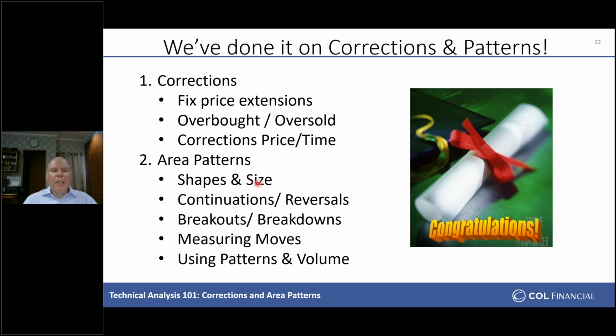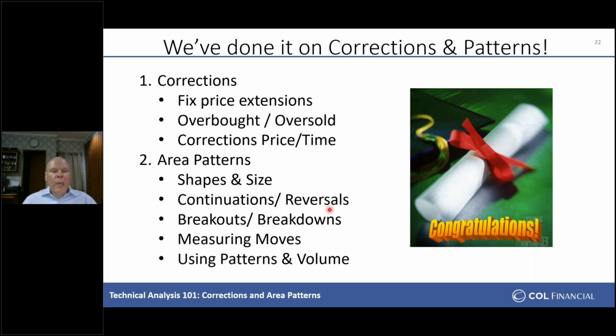One, the shape and the size. The shape, or the geometrical shape, will tell us what to expect. Is the buyer gaining strength against the seller? The size will tell us the potential range or the length of time. And that should command how much force this should present itself with after a breakout or a breakdown takes place.